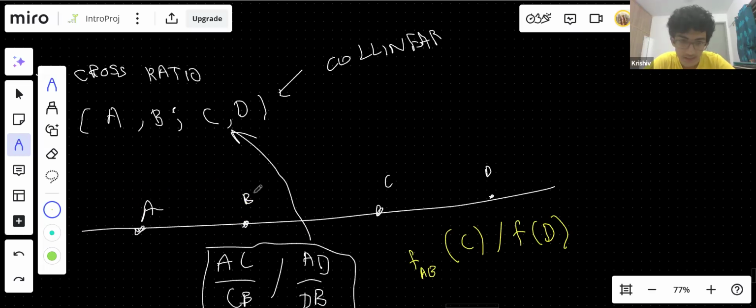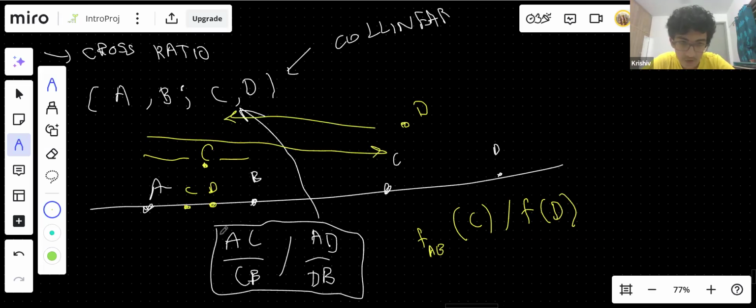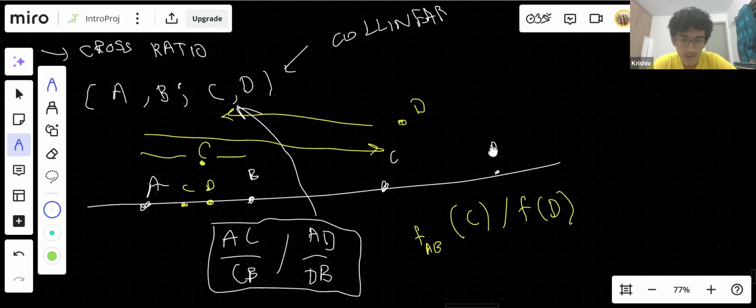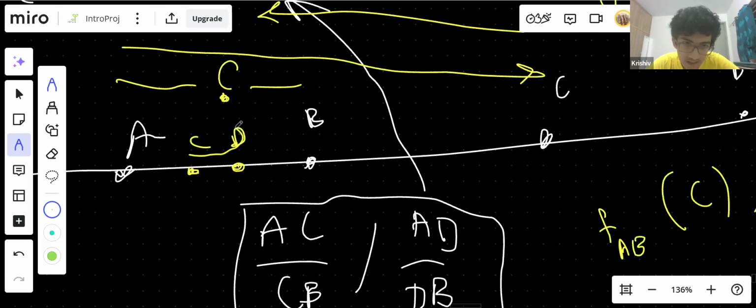If they're both internal, it's also positive. The only case where it's not positive is when C is internal and D is external, because then AC over CB is positive, but AD over DB is negative, so the ratio becomes negative. So it's not exactly when the segments AB and CD intersect.